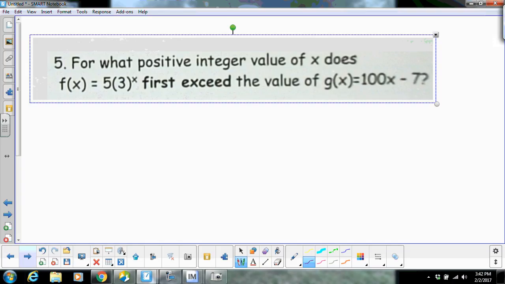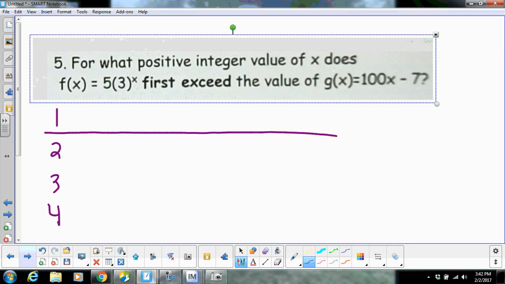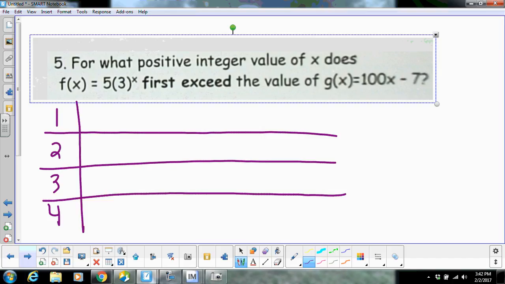All right, number 5, it asks when does f of x exceed g of x. So we're going to do it the same way. Okay, so 5 times 3 to the first, 5 times 3 to the second, and so forth.